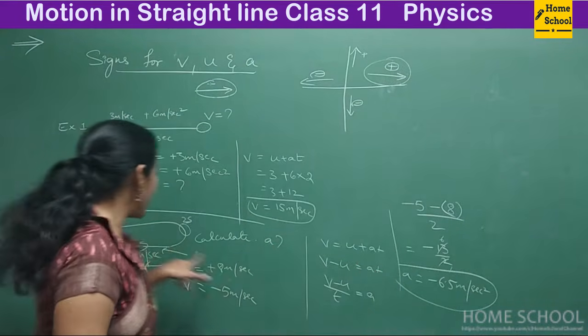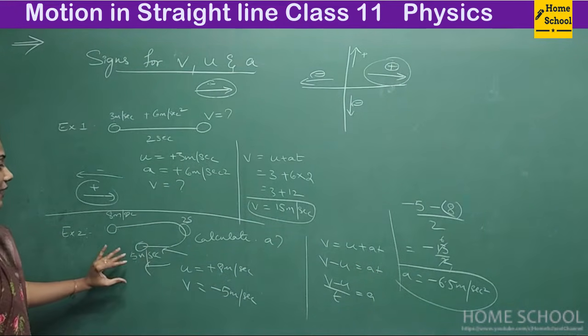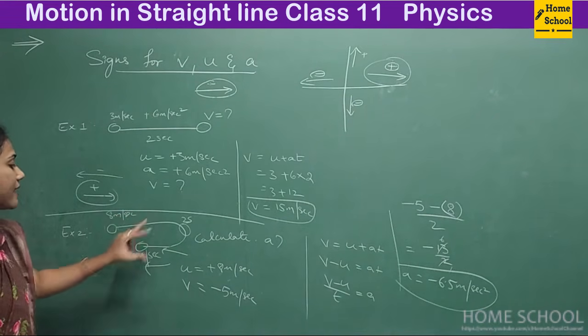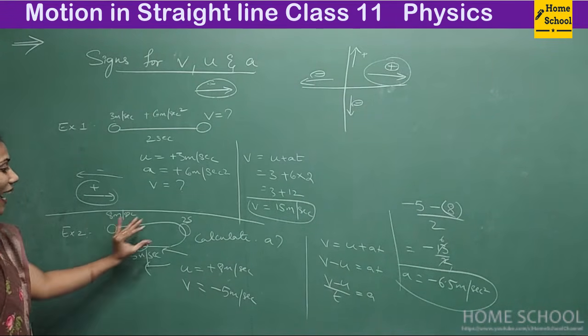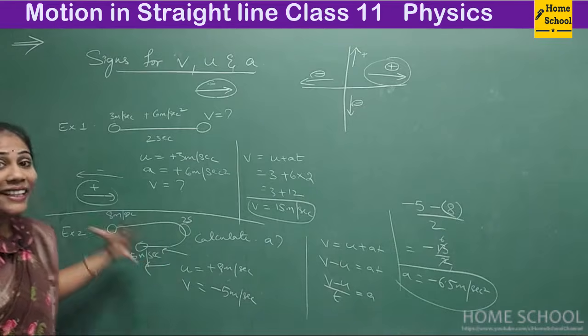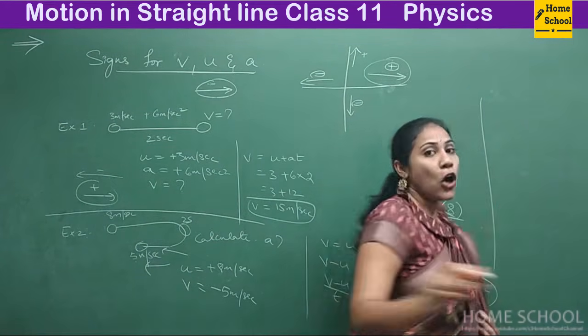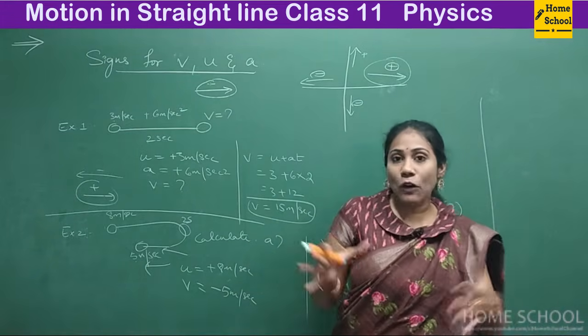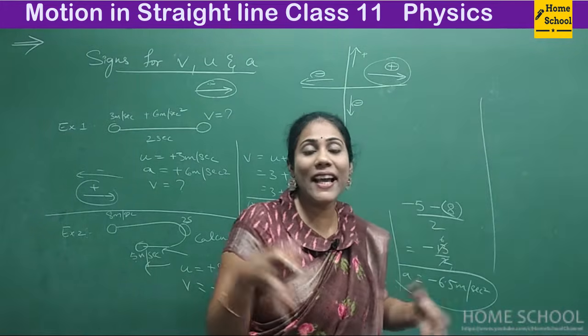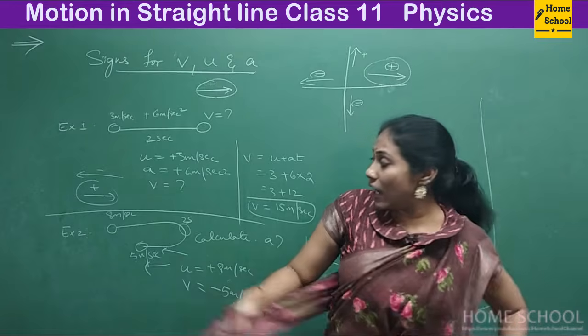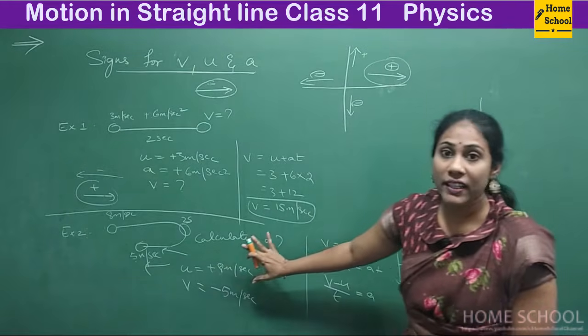You see, acceleration is negative. So actually, what does this mean? You see, the velocity is decreasing. That means the object is slowing down. The object speed has become slow. Object's velocity has become slow, isn't it?